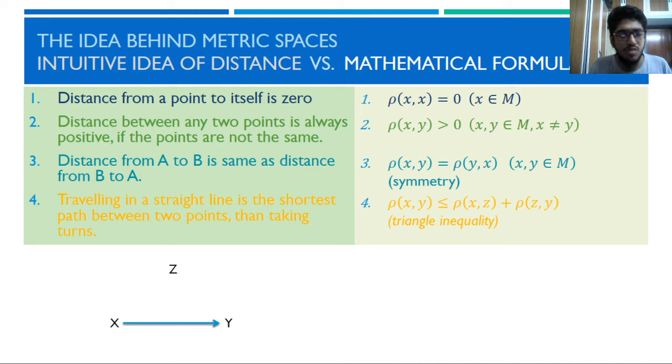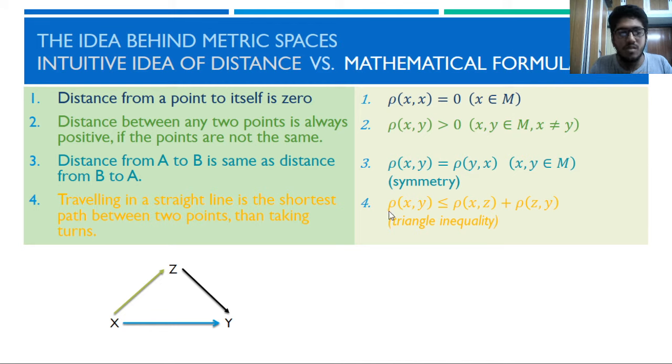One person decides to walk from x to y straight. Another person decides to go from x to z and then see what's happening in z and then go from z to y. It is highly intuitive that going from x to y straight was the shortest distance compared to going from x to z and then from z to y. That's exactly what is written here in the triangle inequality. Rho of x comma y is less than or equal to rho of x comma z plus rho of z comma y.